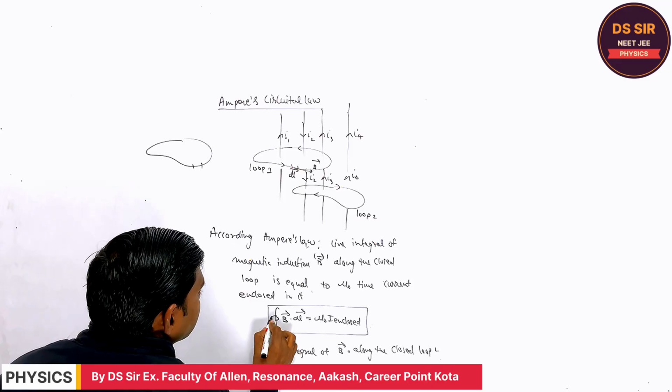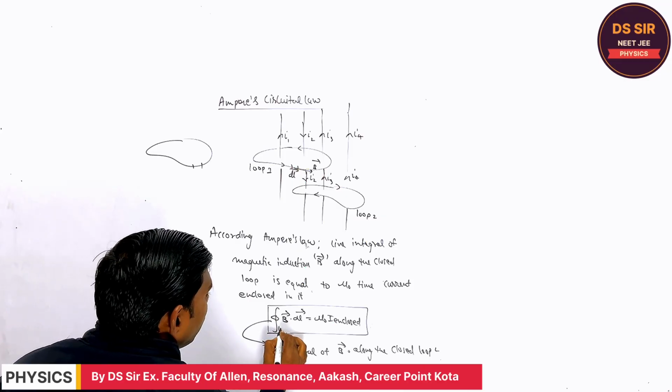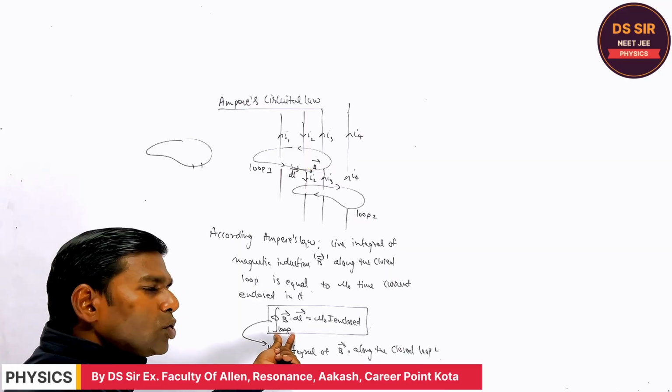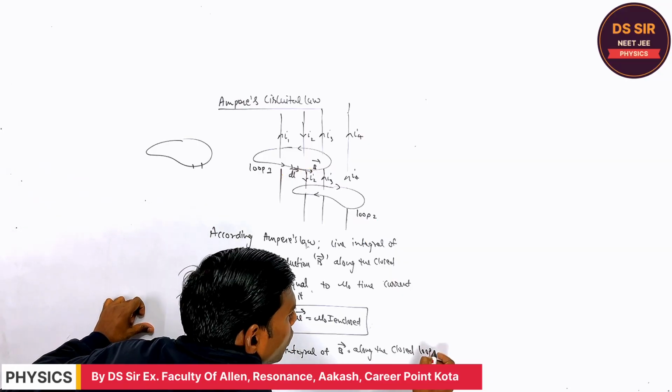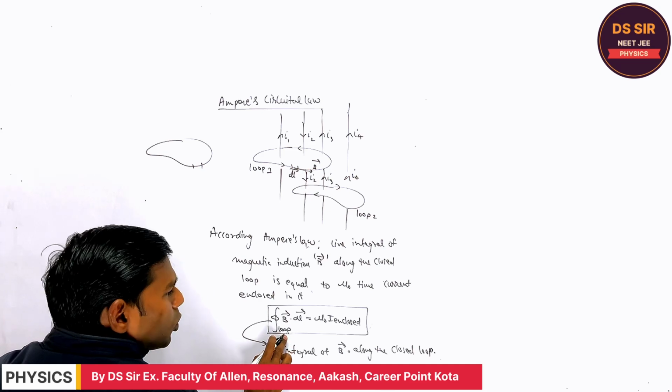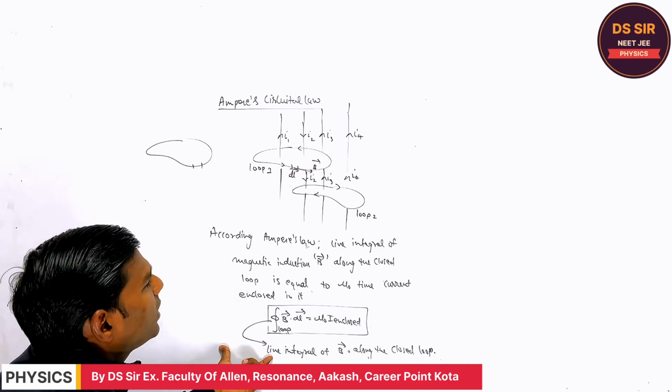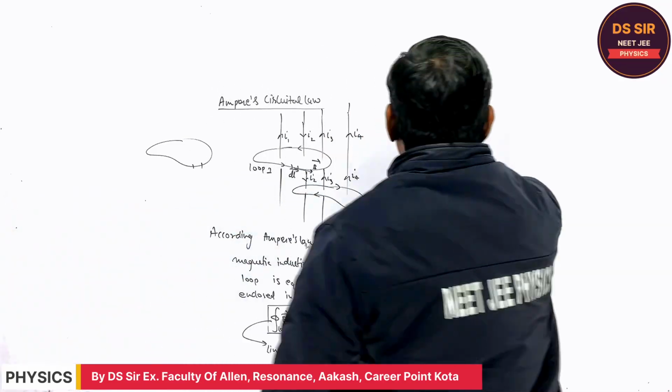This is the line integral, and for any closed loop or any closed path, this is called the Ampere circuital law, right?